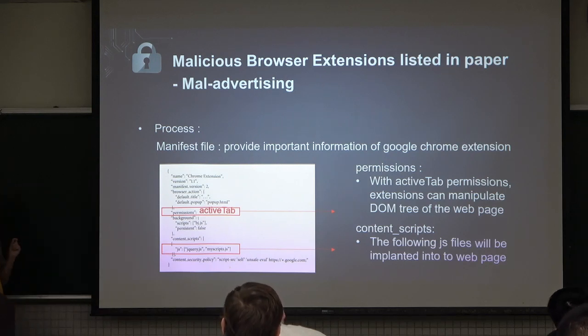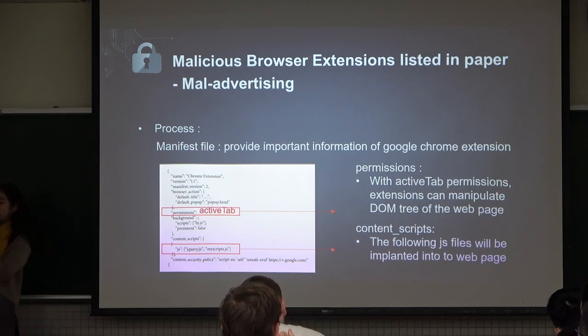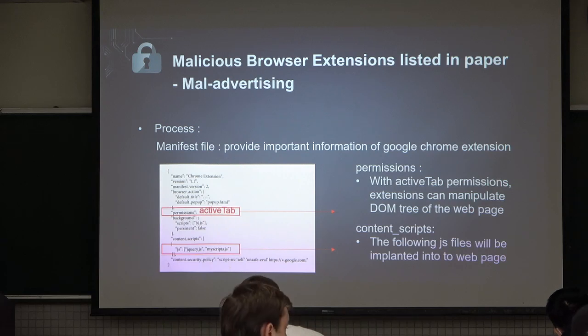The permission field determines how much data the extension can use. For example, with active permissions, the extension can manipulate some traits of the web page. So in simple terms, it means that the extension can change how the web page shows. And in the content script field, the JavaScript file in the content script will be implanted into the web page.